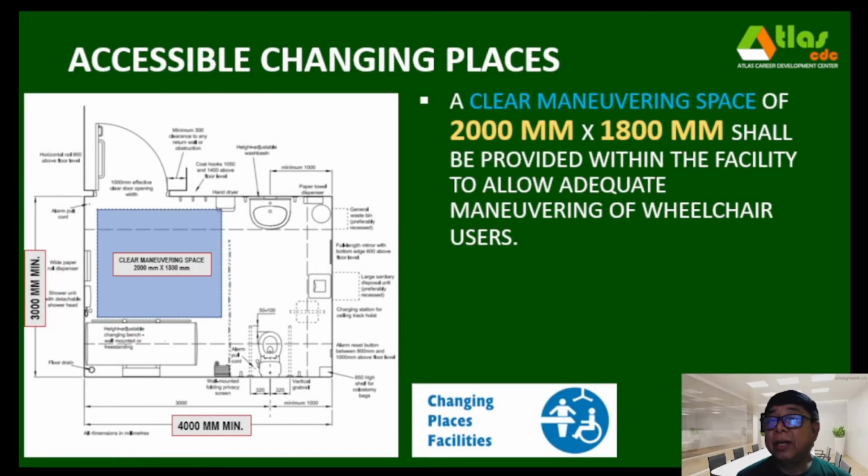A clear maneuvering space of 2 meters by 1.8 meters shall be provided within the facility. So this is now different. Instead of the 1.8 by 1.8, this is 2 meters by 1.8. This is to allow adequate maneuvering of wheelchair users for the changing places.